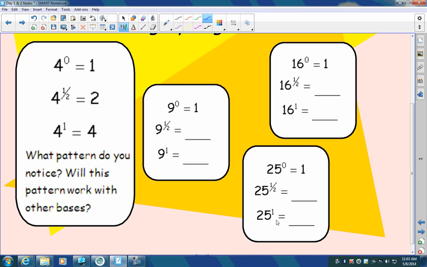Do not use a calculator. Use your best guess right now. Write them down instead of saying them out loud. Now, after you've taken your best guess, put them in the calculator and see if your answers were correct.